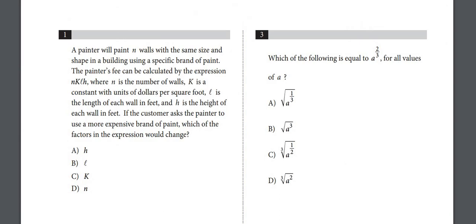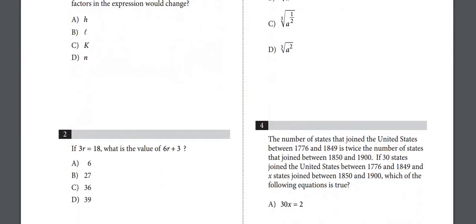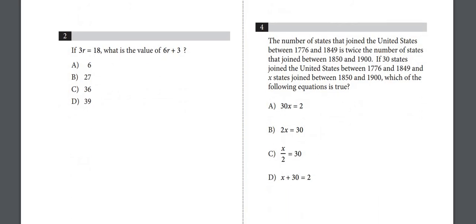Alright, let's then move on to question number 4. The number of states that joined the US between 1776 and 1849 is equal to twice the number of states that joined between these dates.